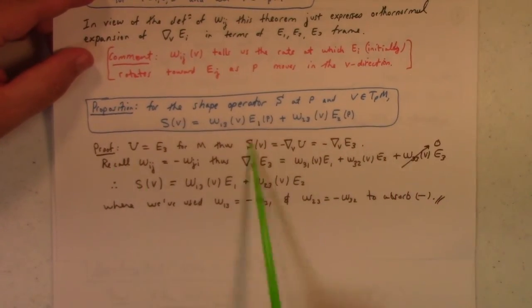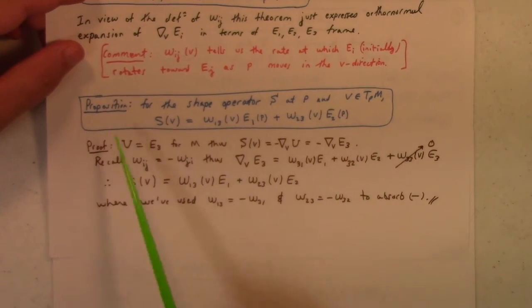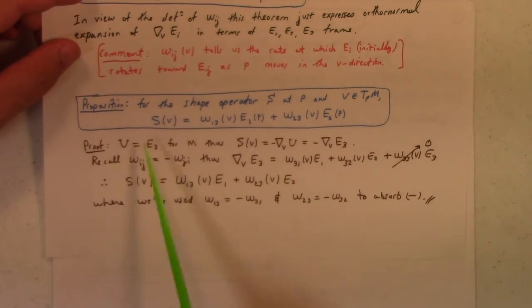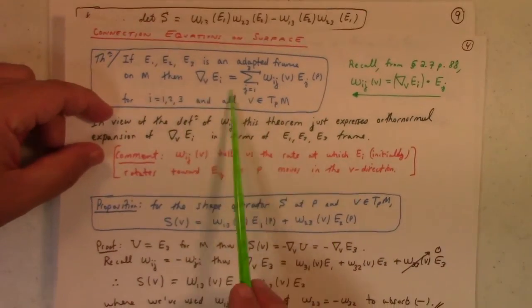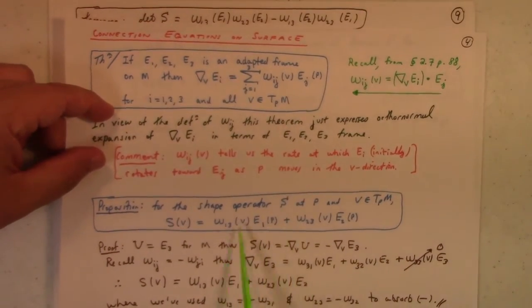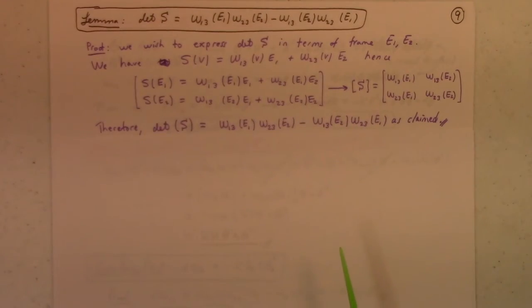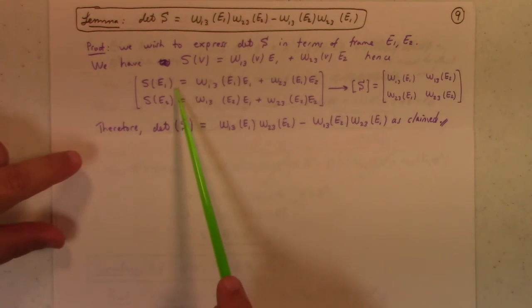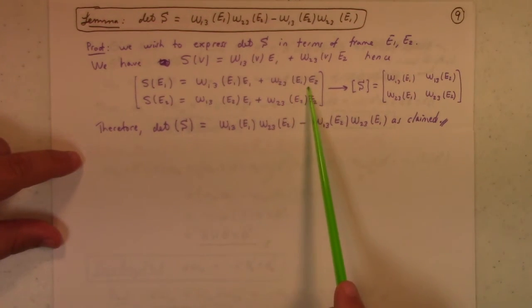So this proposition back on page 4, which again was essentially just the definition, well, essentially just anti-symmetry of the connection coefficients and this theorem, right? So using this with V equals E1 and E2, here you go. So S of E1 is omega 1,3 E1 E1 plus omega 2,3 E1 E2.